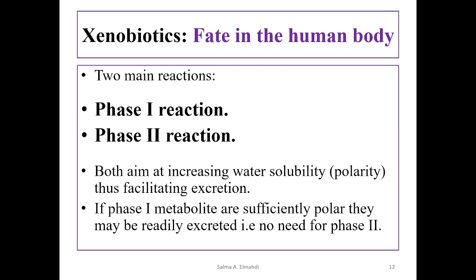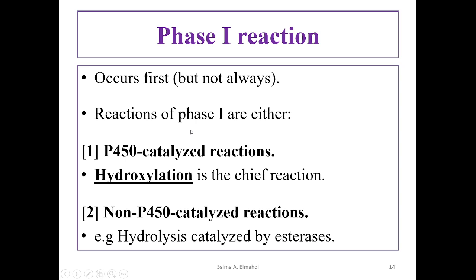If this polarity is not enough, then it will undergo a phase 2 reaction to make it more polar. Sometimes a phase 1 reaction by itself is enough. It will create enough polarity in the xenobiotic substance. It will be excreted directly without needing to go through a second phase of reaction. Phase 1 reaction always occurs first.